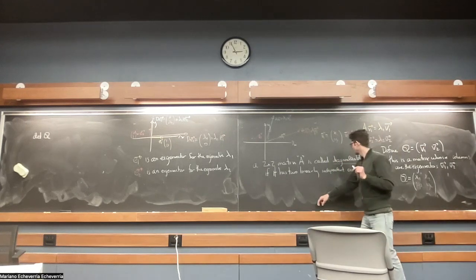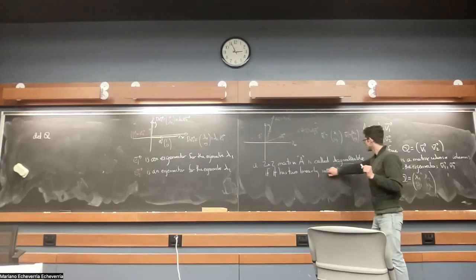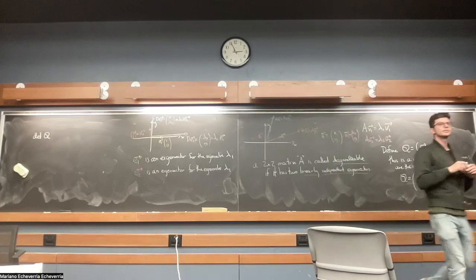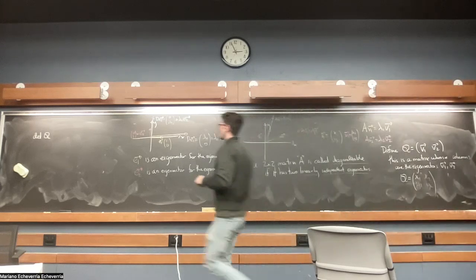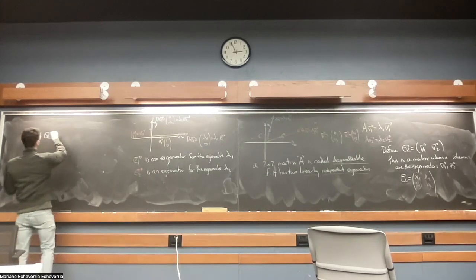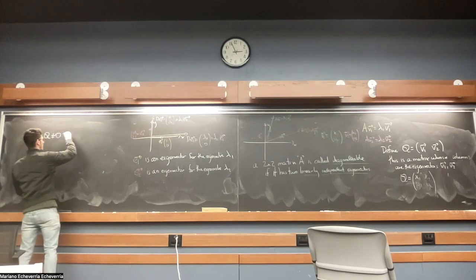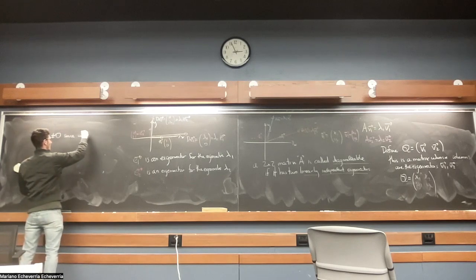What's the important thing about these eigenvectors? That they're linearly independent. So this 2 by 2 matrix has to have full rank because the columns are linearly independent. That's another way of saying that the determinant is not zero.